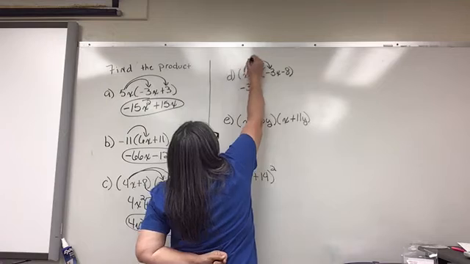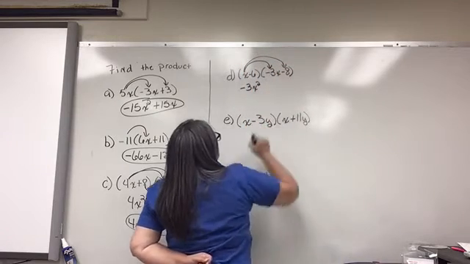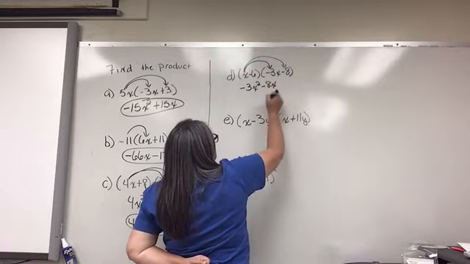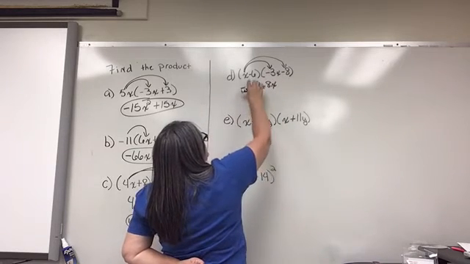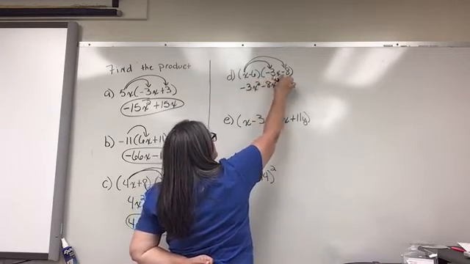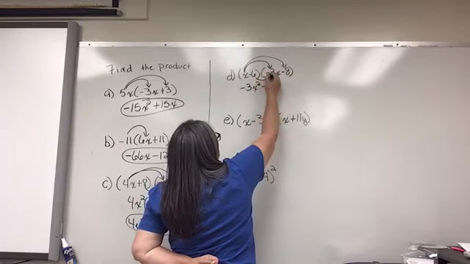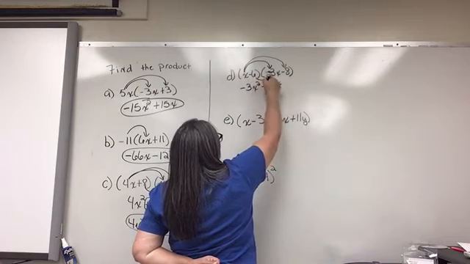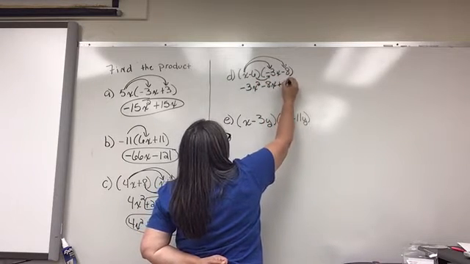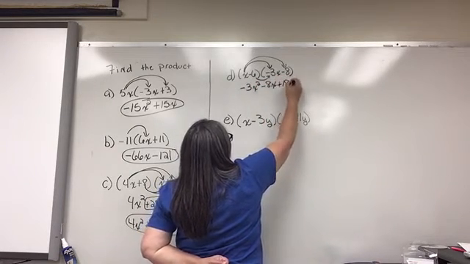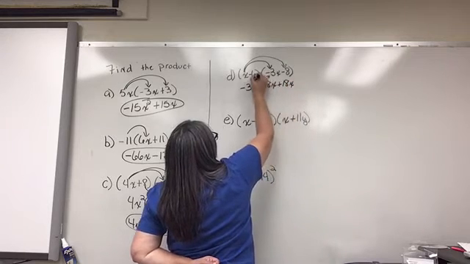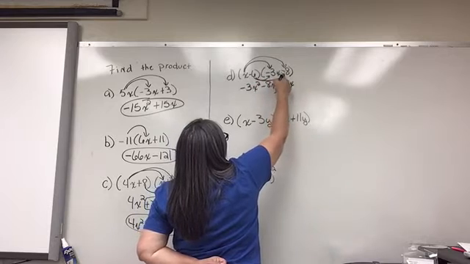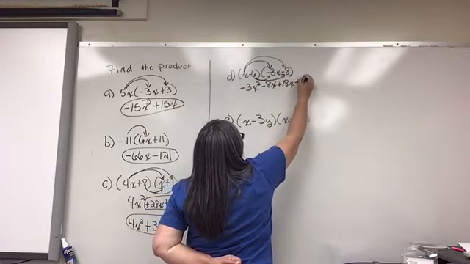And then take the x and multiply it times the negative 8, and that's going to be negative 8x. Now I have to treat the negative 6 the exact same way. So negative 6 times negative 3 is going to be a positive because it's a negative times a negative. 6 times 3 is 18, and then the x.